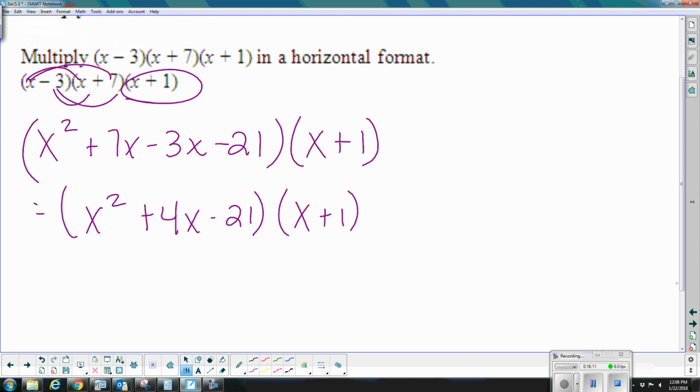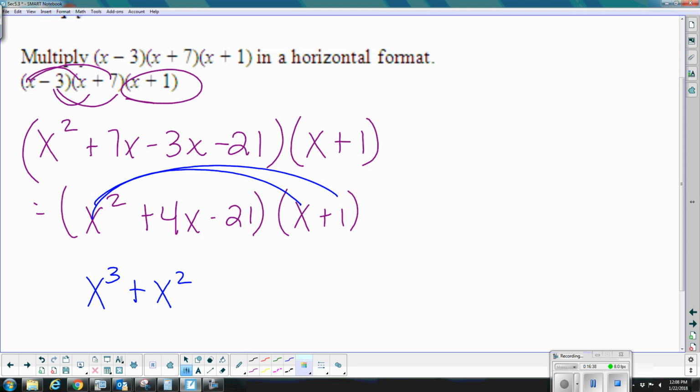Now this is just like what you had in the last example, where you have a trinomial and you're multiplying it by a binomial. So I'm going to multiply x squared by each term. x squared times x is x cubed. x squared times 1 is x squared.